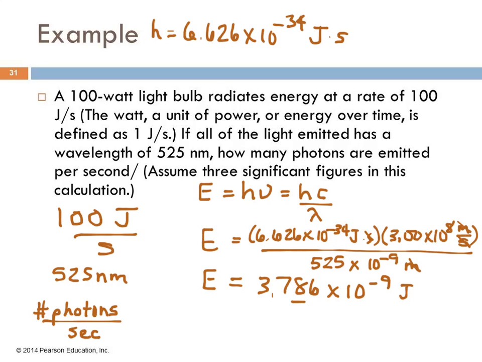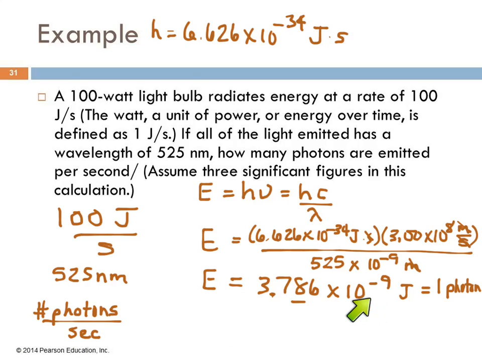Did you come up with that number? That's the energy of one photon. So we could say that's equal to one photon. Well, we have this joules per second, and we want to know how many photons per second.